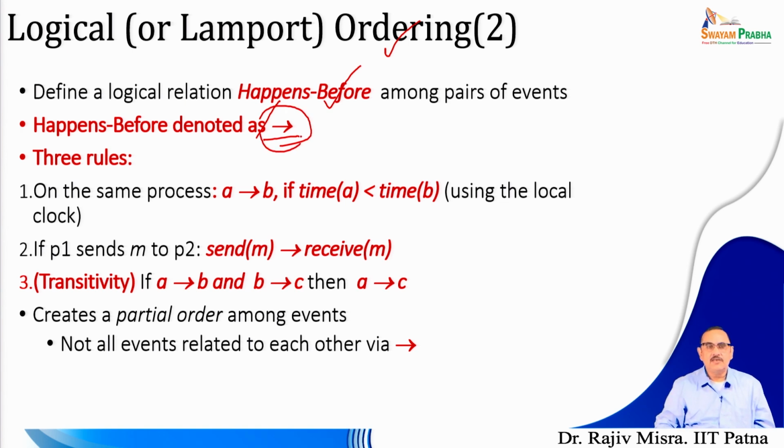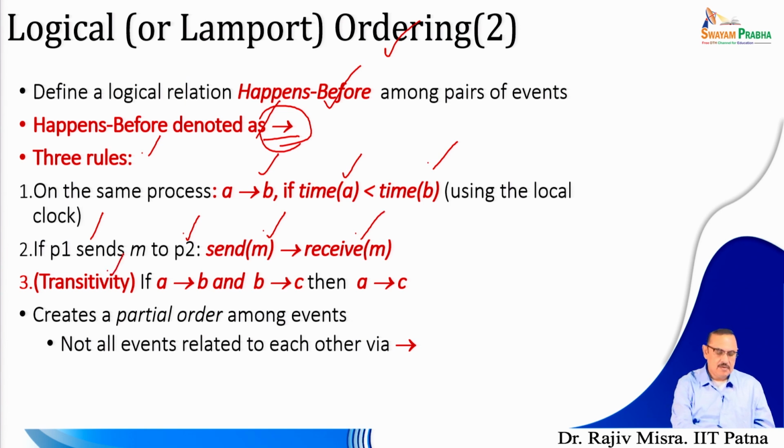Now, this particular relation follows three different rules. The first says that on the same process, A is related to B with the happened before relation if the timestamp of A is less than the timestamp of B using the logical clock. If a process P is an event which sends a message to P1, then the send of the message has happened before the receive of the message.